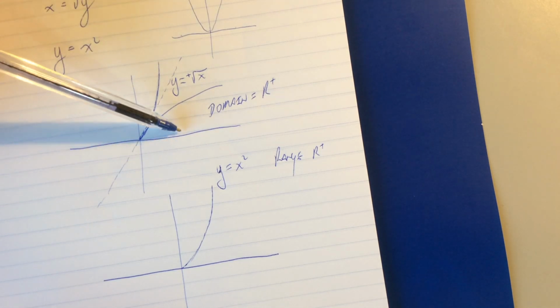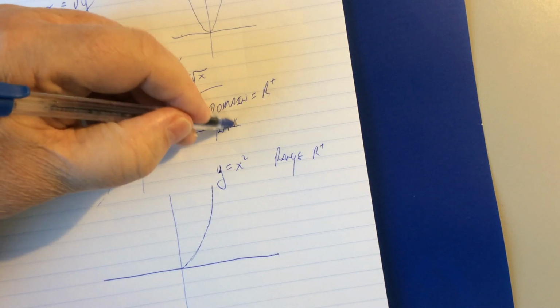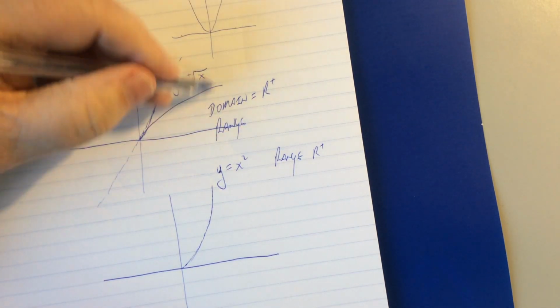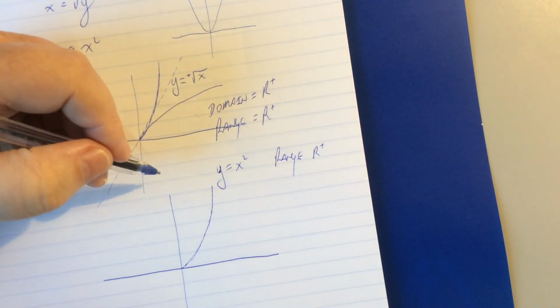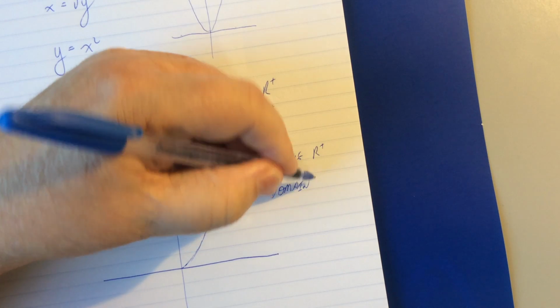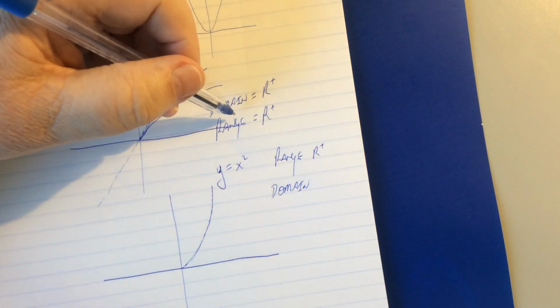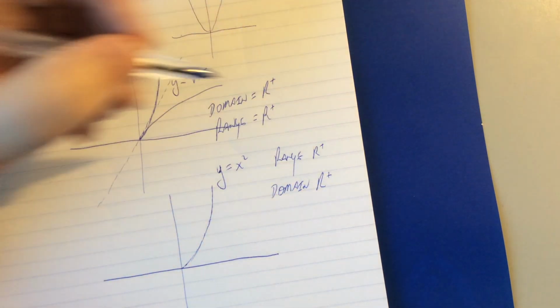Now, the range of this function, as you can see from this, was also positive real numbers. So the domain of this function is going to be positive real numbers as well.